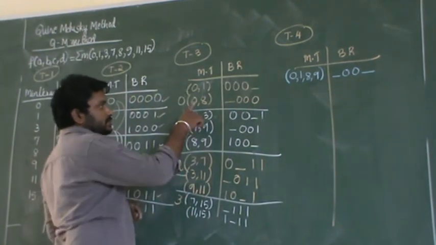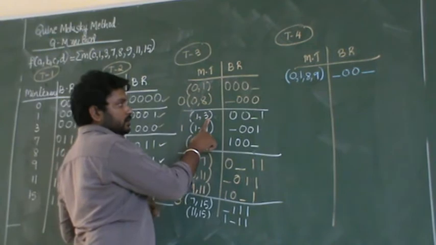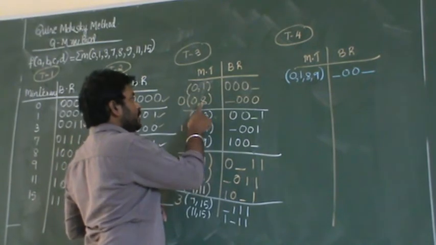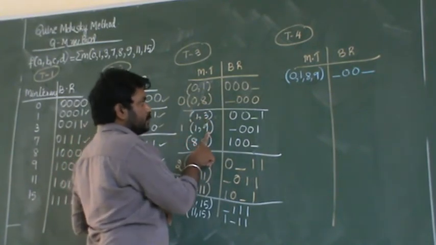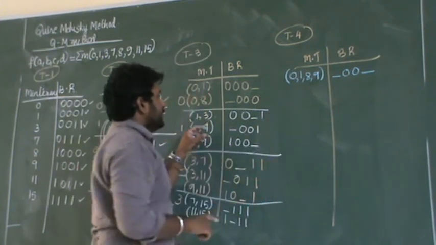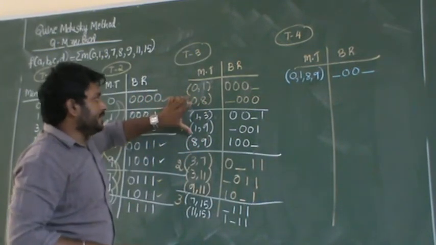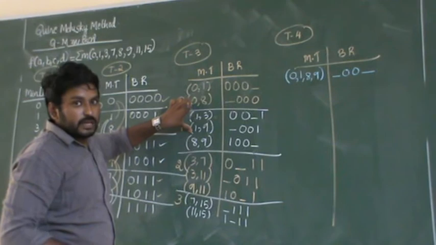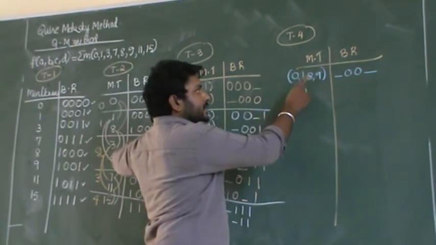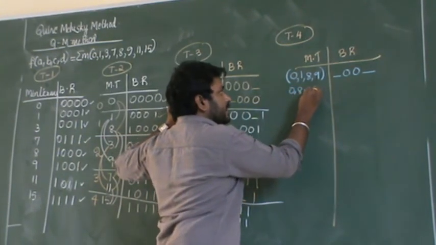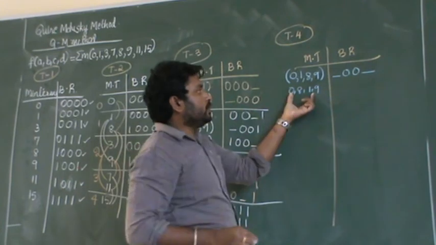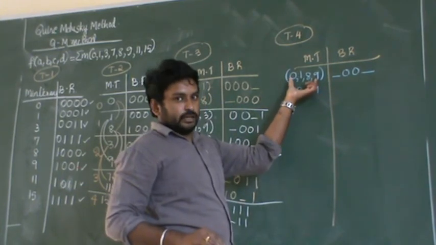Next, is 0 8 with 1 3 possible? No, it is not possible. 0 8 with 1 9, yes, it is possible. But I shouldn't write 0 8 with 1 9, because the same numbers are already there.